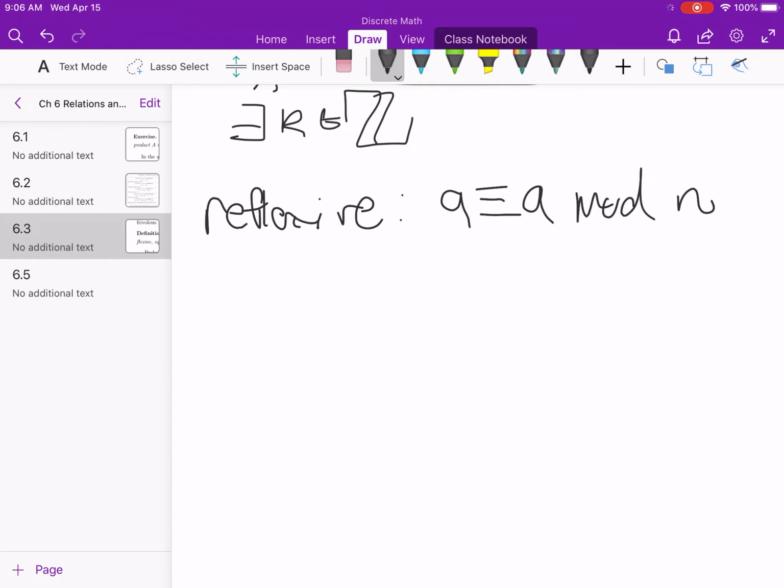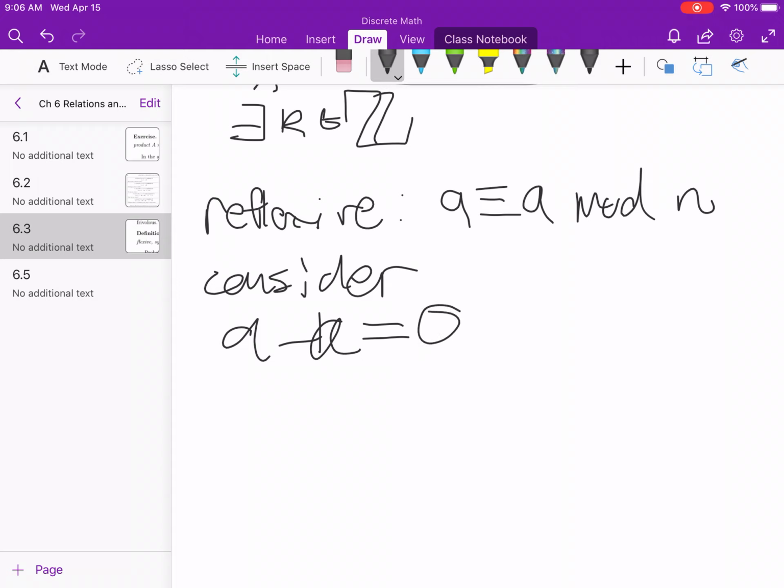Suppose A is some integer value, and consider A minus A. Well, A minus A is equal to 0, and I can say that that's equal to 0 times some integer value n.